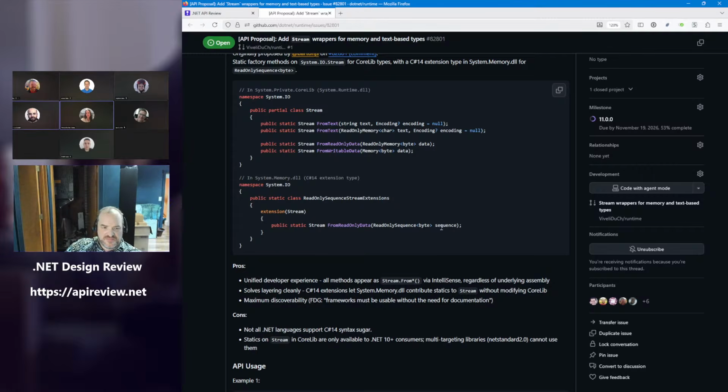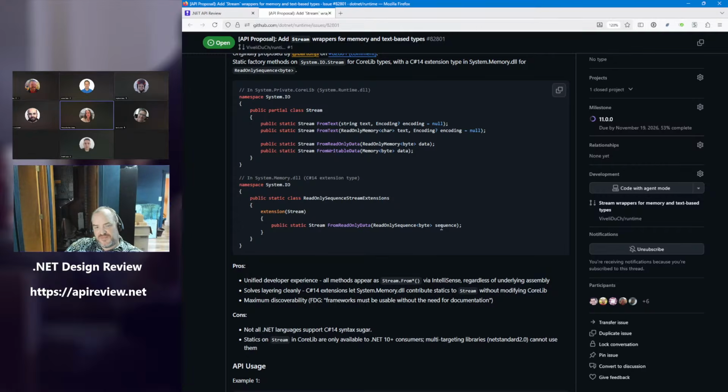Another option considered was placing all the factory methods in a stream factory class, but in the System.Memory DLL, which was suggested by Adam, I think, keeping it in the shared framework. That would also help resolve a layering issue, and I guess broader targeting frameworks.